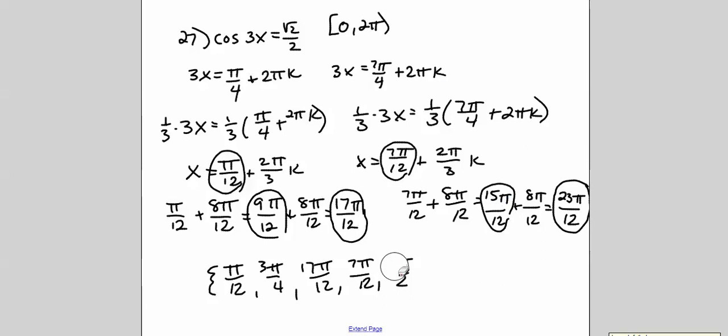Try again. I'll divide 15 by 3, I get 5 pi, and divide 12 by 3, I get 5 pi over 4. And 23 pi over 12. So the time when you have to keep adding to find multiple answers is when you have a 3x in here, or a 2x or a 4x. Alright, let's go back to problem 28.